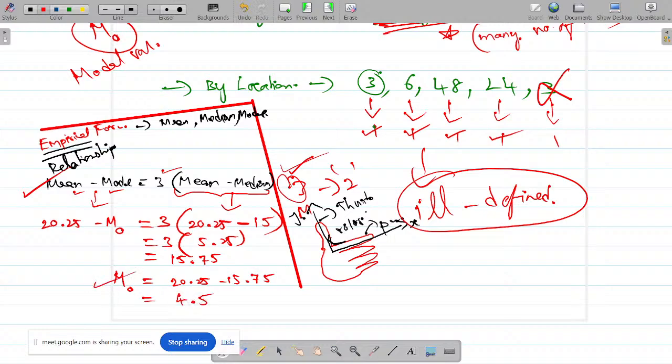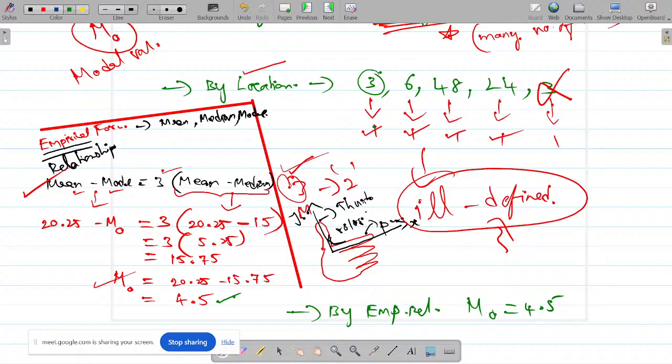So this is your modal value. See, using the location method, you get it as ill-defined. By using the empirical relationship, you get the value for mode as 4.5. Is it okay? So, modal value can be concluded as 4.5.